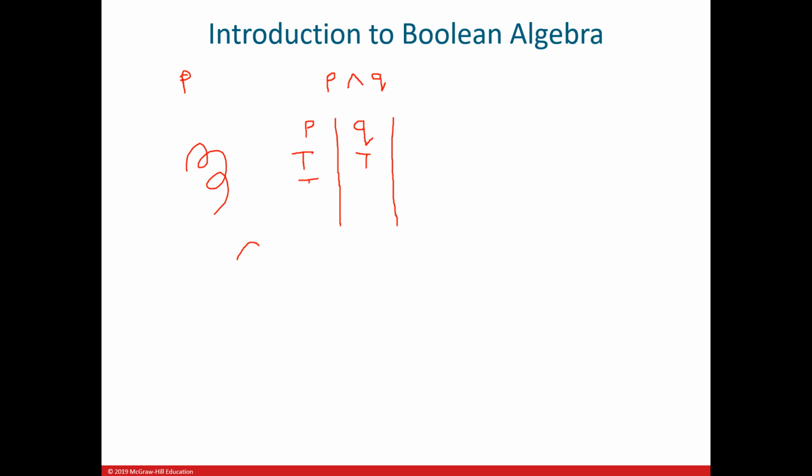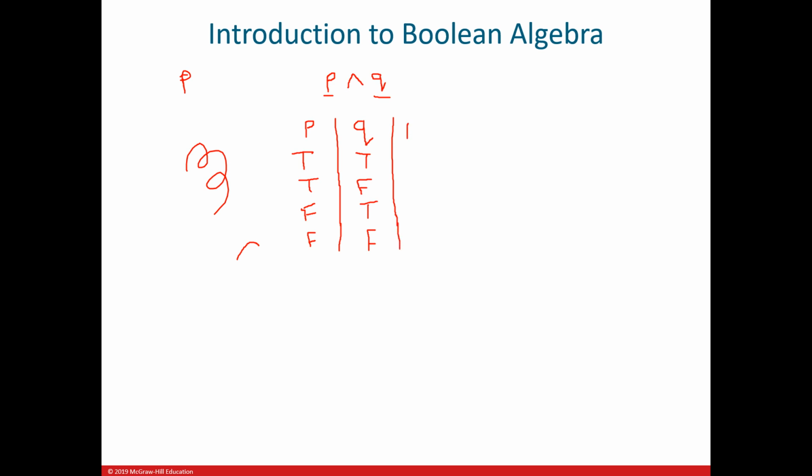Sometimes P is true and Q is false. Then it might be that P is false and Q is true, or both are false. So whenever there are two variables, we have 4 different possibilities that we need to consider.